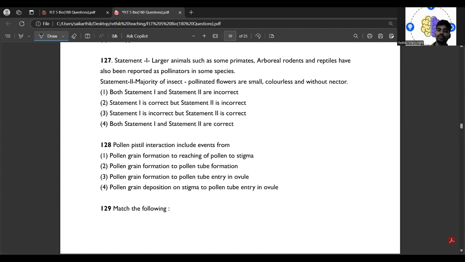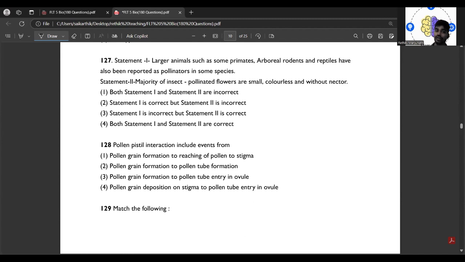127 is about statements. Statement one: larger animals such as some primates, arboreal rodents, and reptiles have also been reported as pollinators in some species. Correct. Then statement two says that the majority of insect-pollinated flowers are small, colorless, and without nectar.